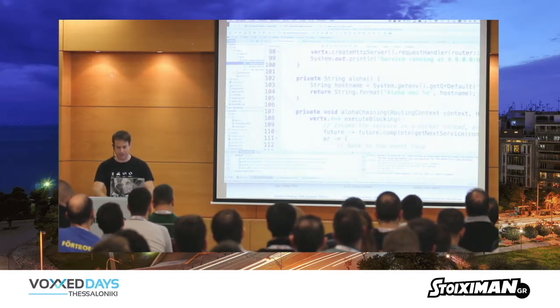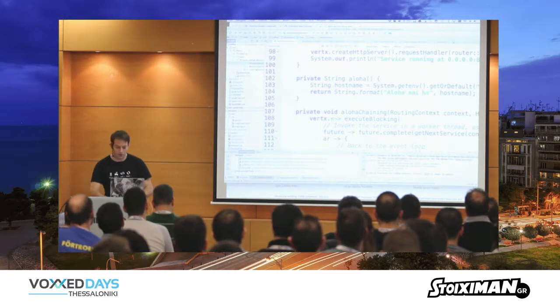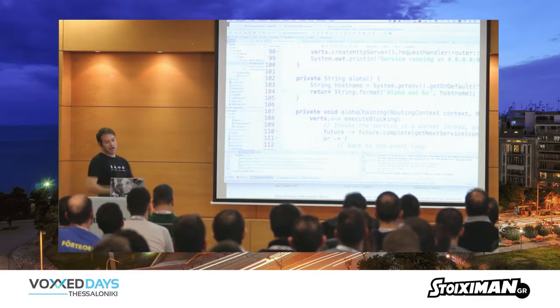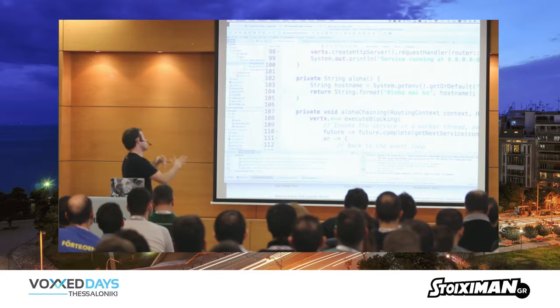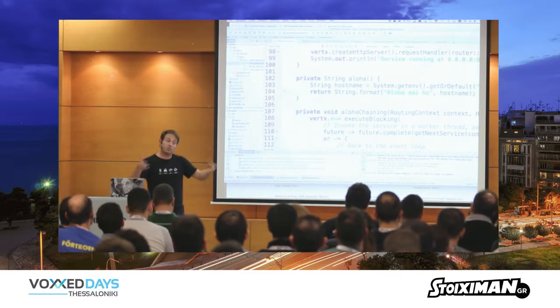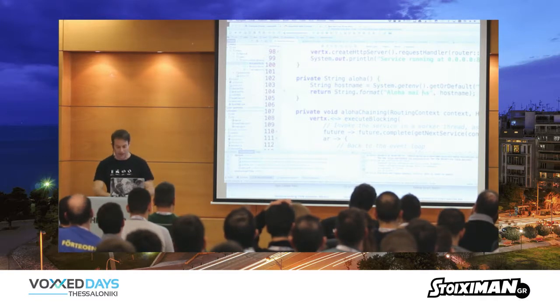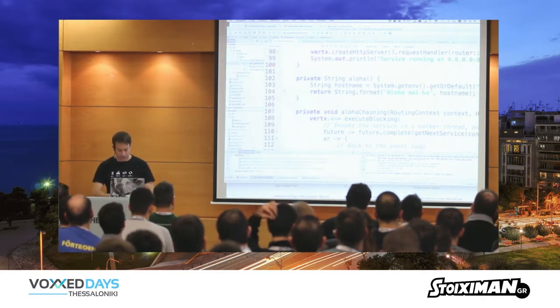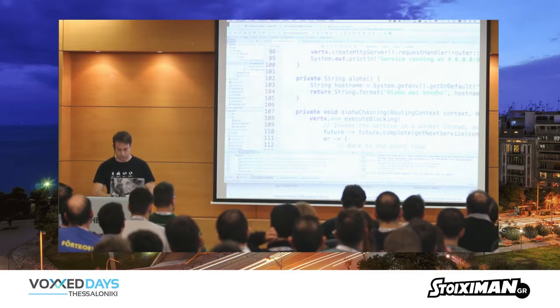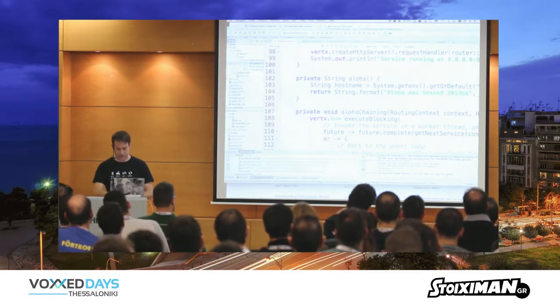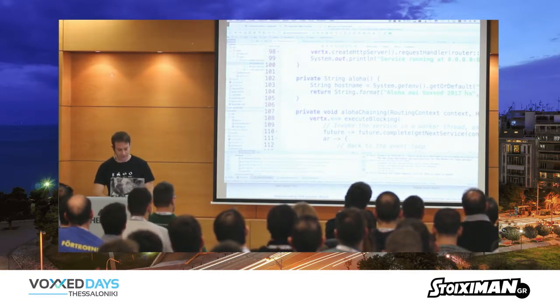What I want to show you is, I'm a developer, I have this code checked out on my system, and I develop with it. Maybe I'm using Minishift, so I can test my whole microservice architecture locally, and I change the greeting to Aloha May Voxxed 2017, something like this. Save.